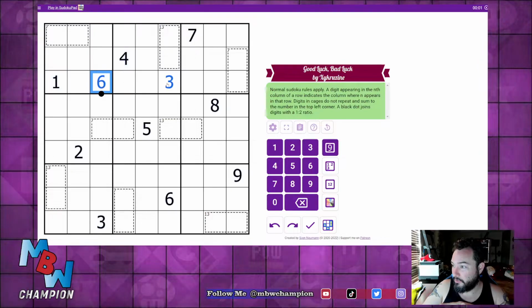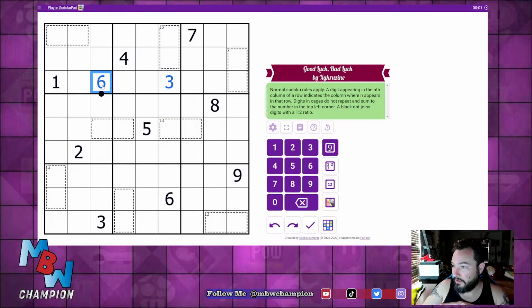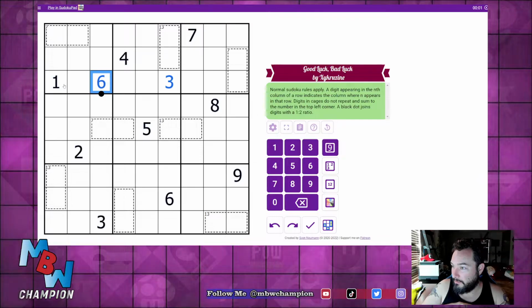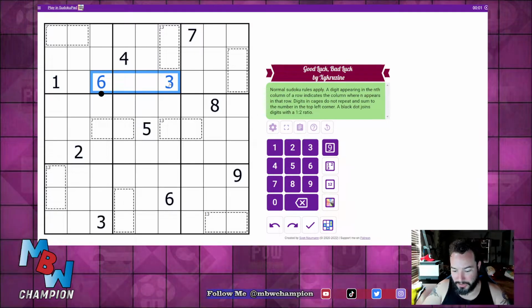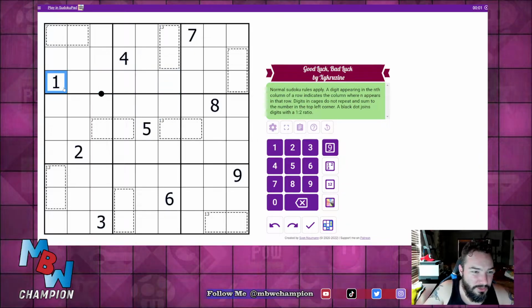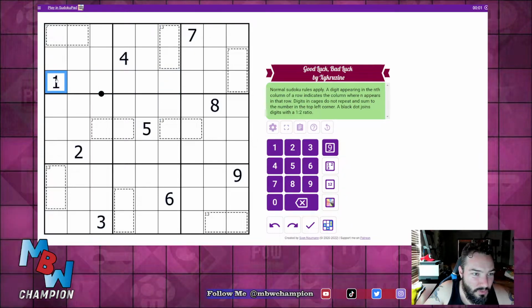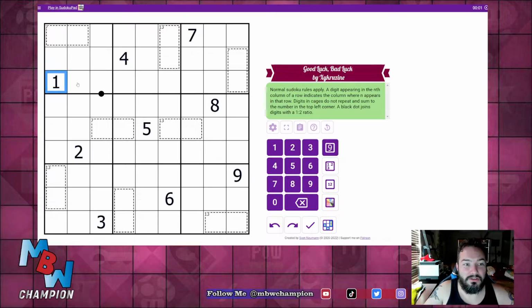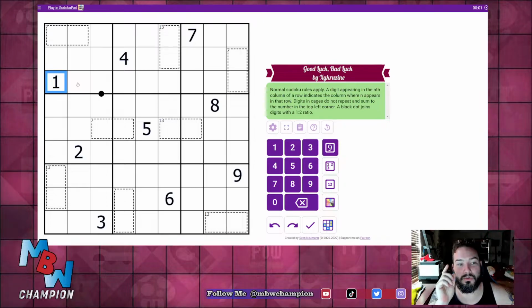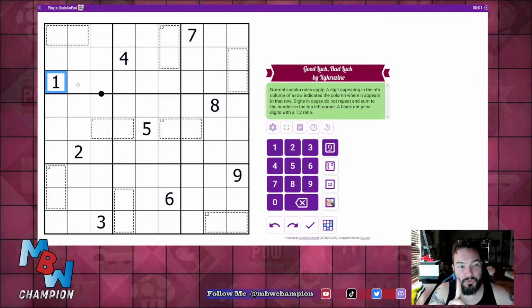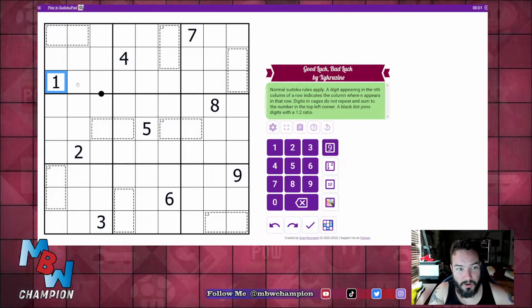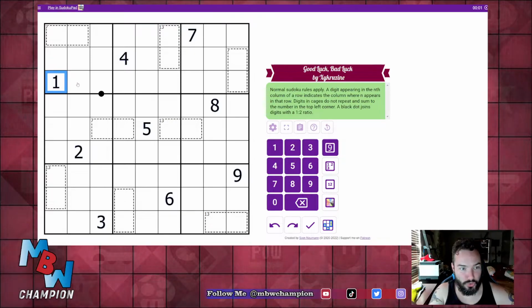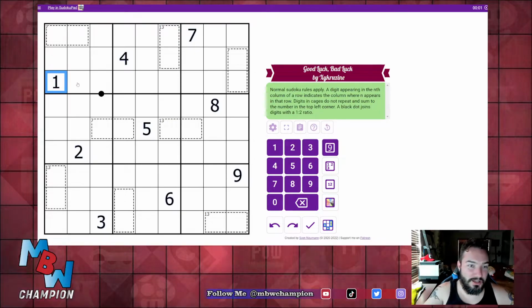So the 3 will go there, and the 6 will go there. Pretty sure that's what that means. And I think so also because look at this is a 1. Since this is a 1, we're saying that in the first column there's a 1. And that's true in this case. So that does check out.